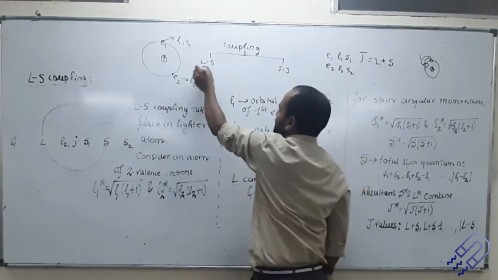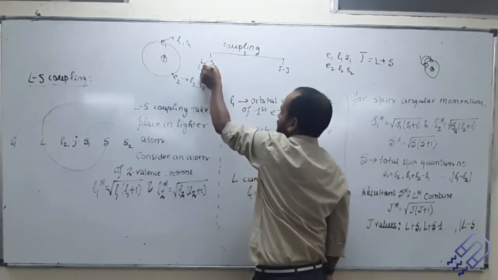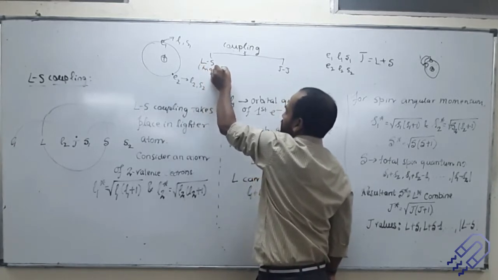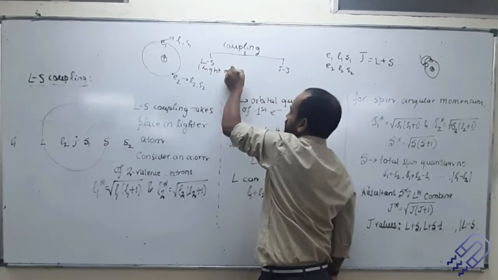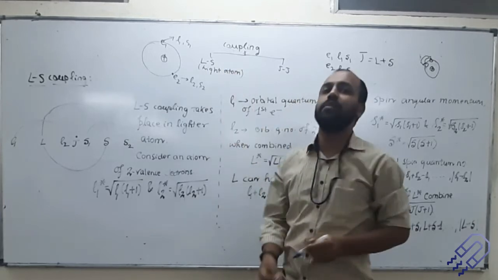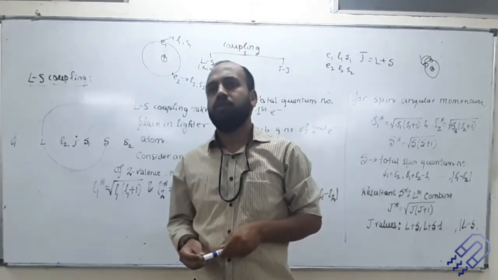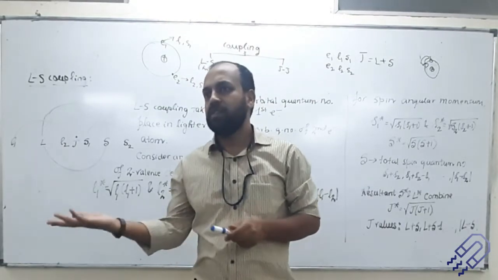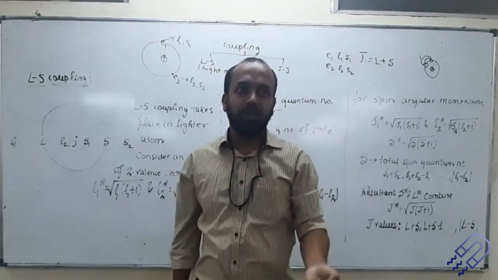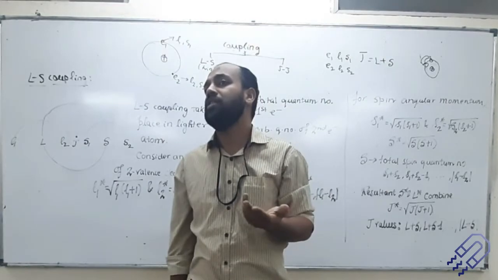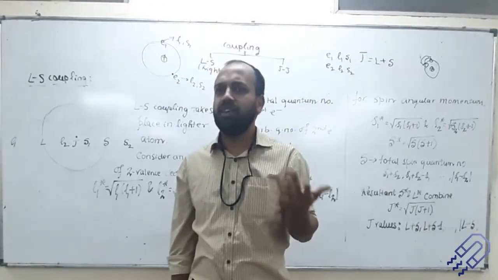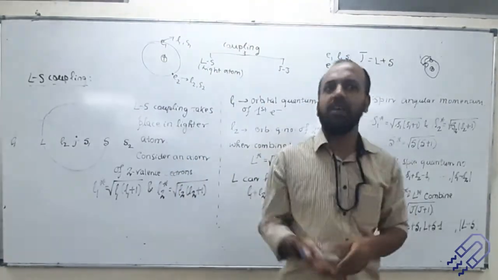Now, if this is light atom. Can anyone tell me what do I mean by a light atom? Light atom क्या होता है? Less mass, right? Or maybe less atomic number. Example of a light element: hydrogen, helium, lithium.